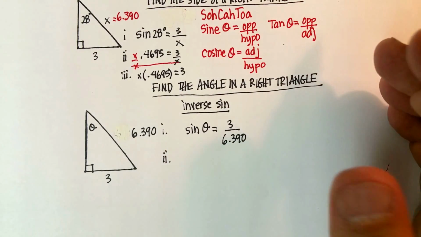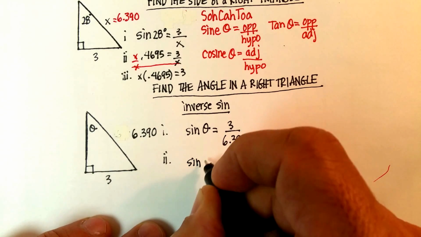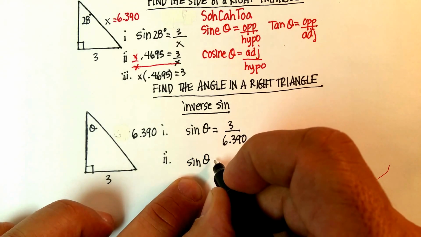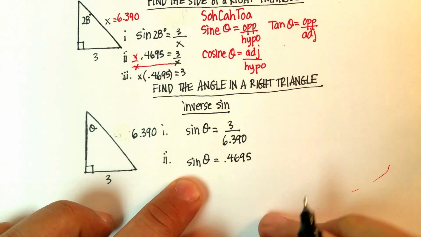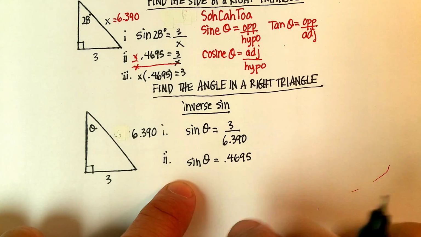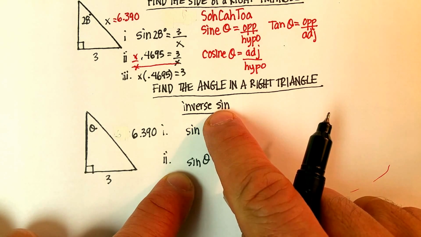Doesn't that sound familiar? So now I have the sine of my unknown angle is 0.4695. Okay?